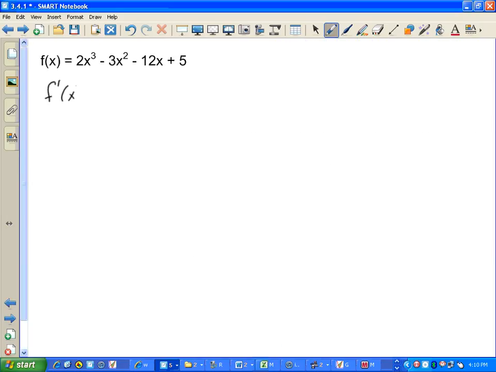I need to know the first derivative in order to get the second derivative. So the first derivative here is 6x squared minus 6x minus 12. For the second derivative, I take the derivative of the first one and get 12x minus 6.